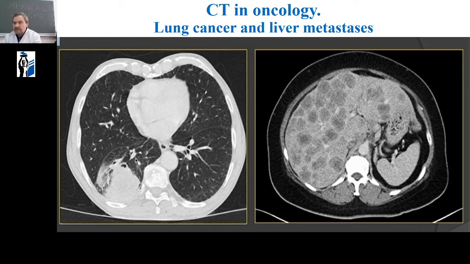On the right image, liver metastases are clearly visible. In the left image, we see a malignant tumor that has all the signs of invasive growth, germination into the surrounding tissue, damage to the pleura, germination into the chest wall.